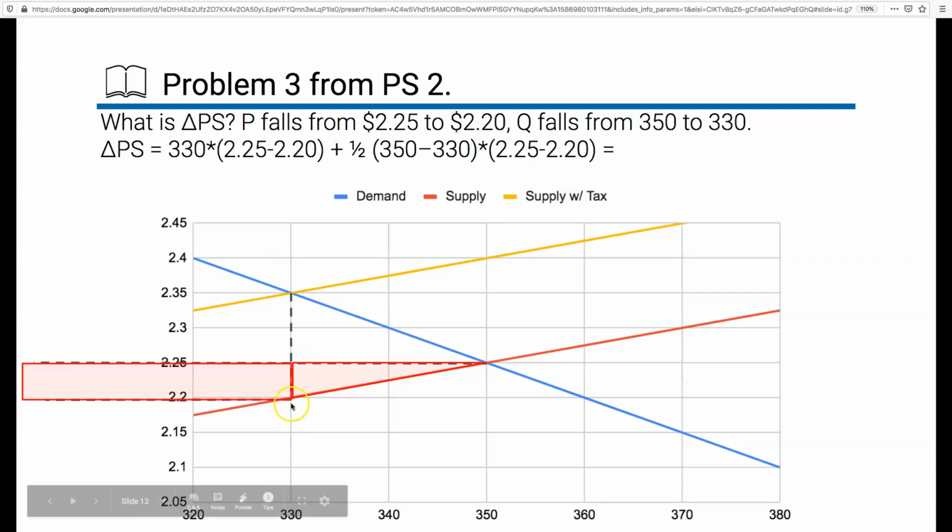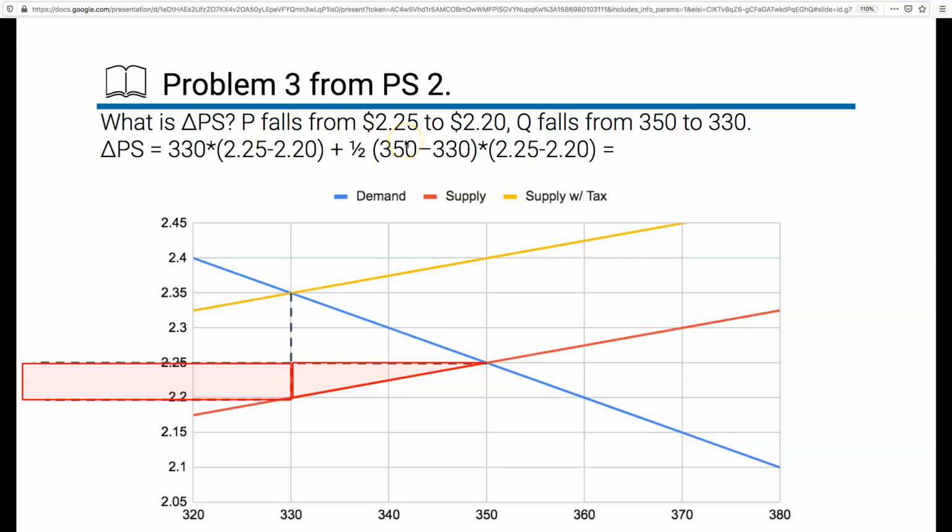For the rectangle, the length of the rectangle is 330. This is how many units are sold after tax. And the height of the rectangle is 5 cents. This is by how much the price fell for the producers.